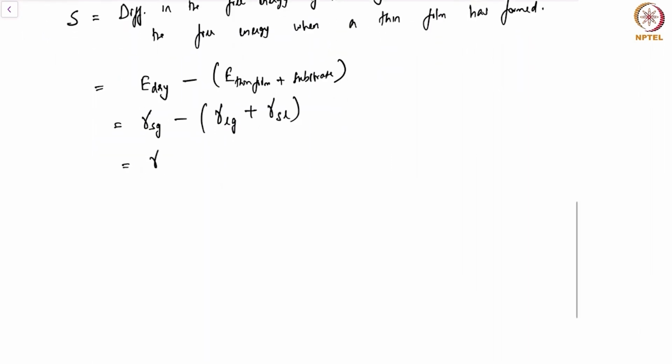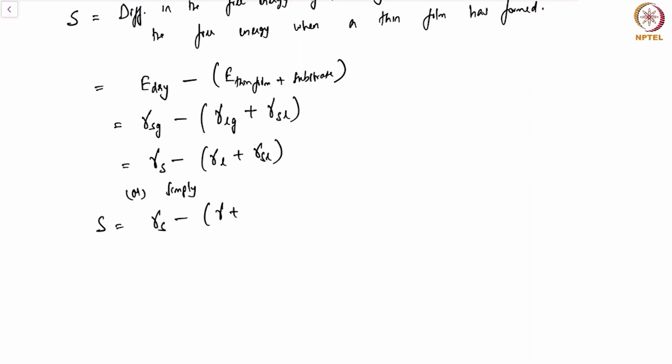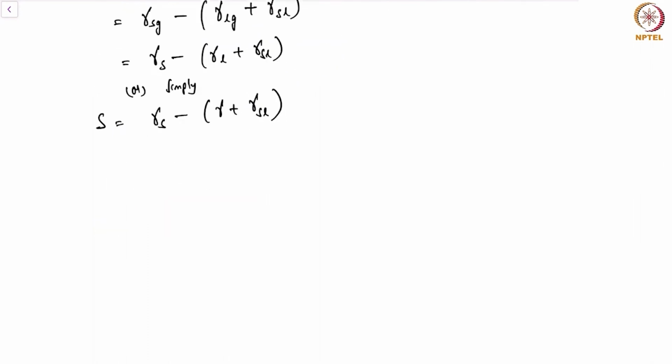And this can sometimes also be written as S would be gamma S minus gamma plus gamma SL, where gamma is the surface tension of the liquid.